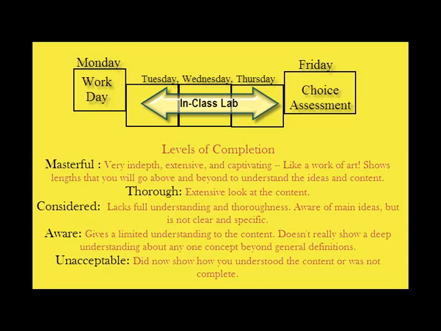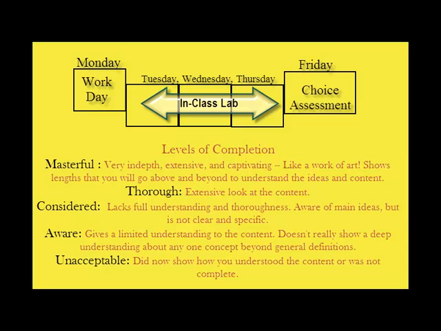Now, your choice assessments are going to be evaluated based on the levels of completion, or I might refer to it sometimes as the masterful level. And it starts with this information that we're going to focus on right here at the bottom, where you start with masterful, which is the top level of showing your understanding about a topic, going down through thorough, considered, aware, and unacceptable.